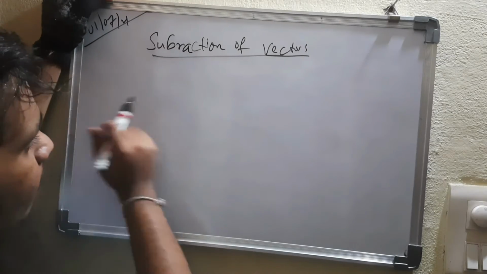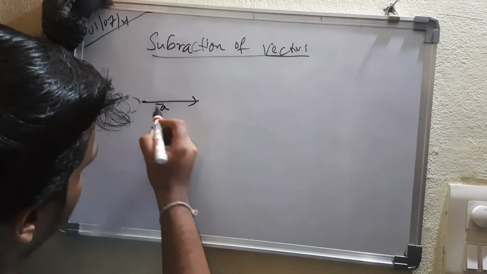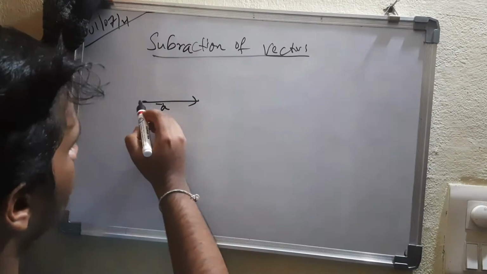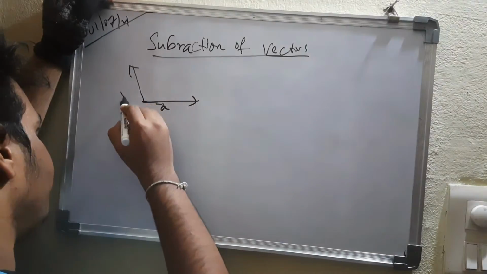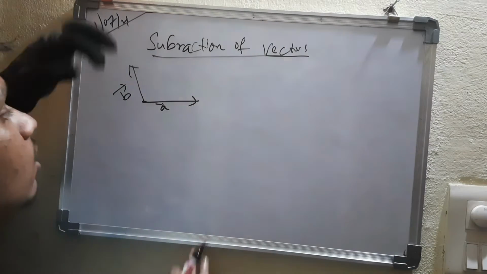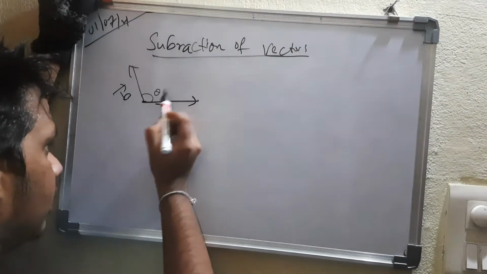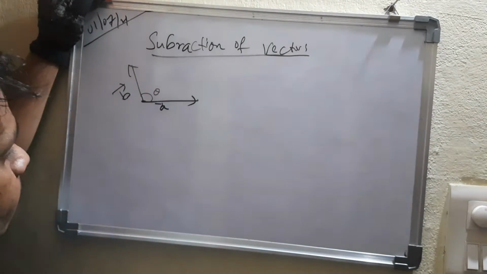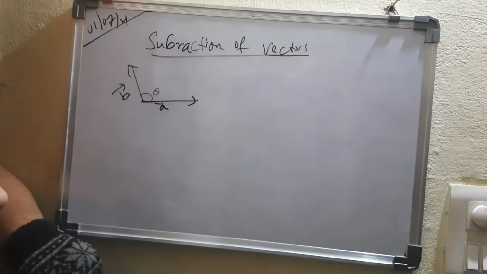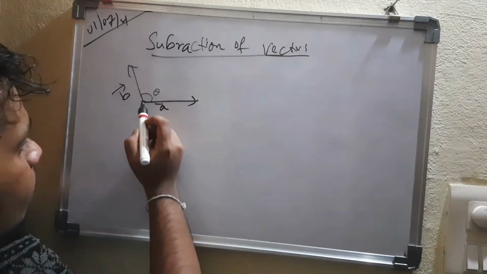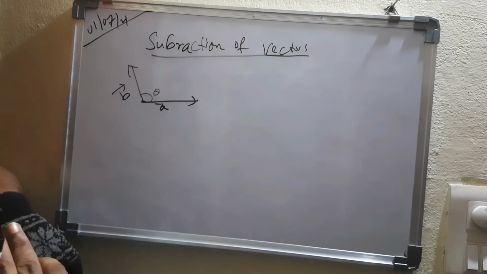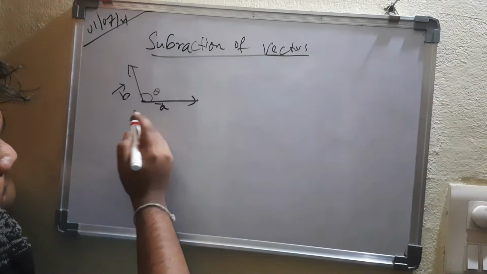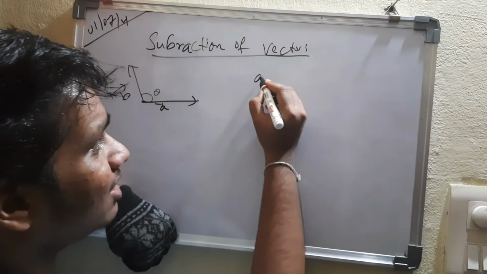So let us take a vector A and this vector B. The angle between them is theta. Now if you want to subtract B from A, how can you? As I said in the starting, you know basic mathematics, right?